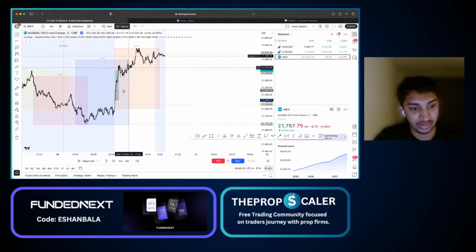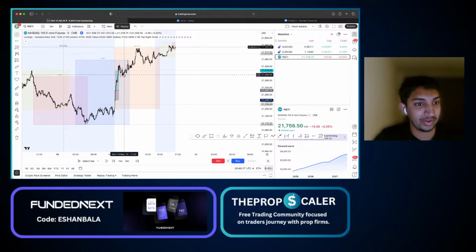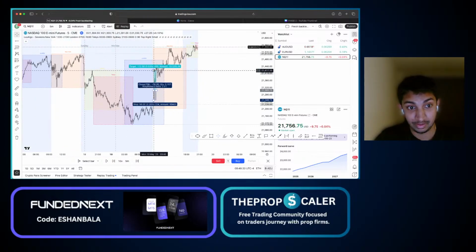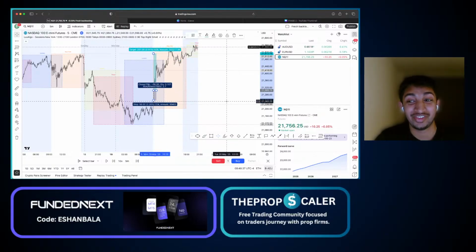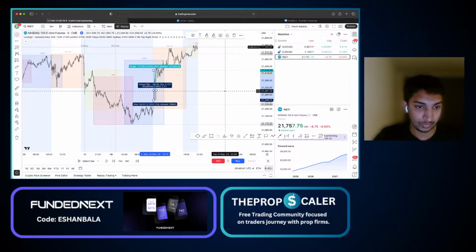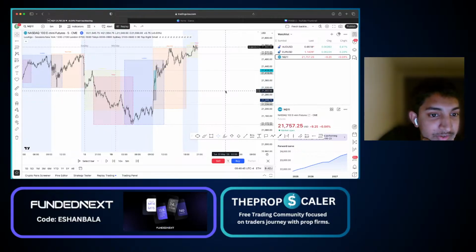Price actually ended up hitting London high and the previous day high. So I could have been aggressive and gone even for a 3.7R, but I don't want to take such a risky approach. I think I'll just take a 1 to 2 and see how we go with this testing.